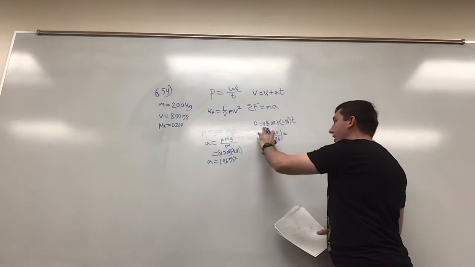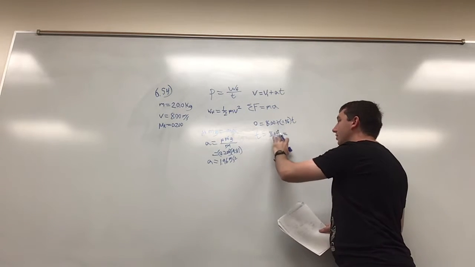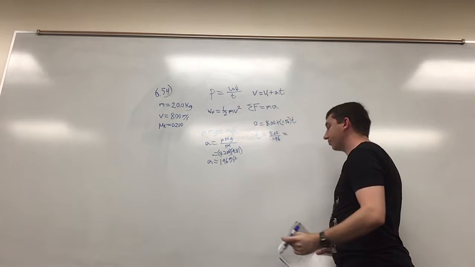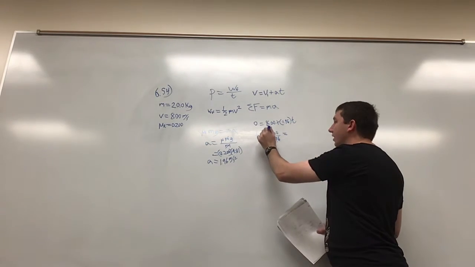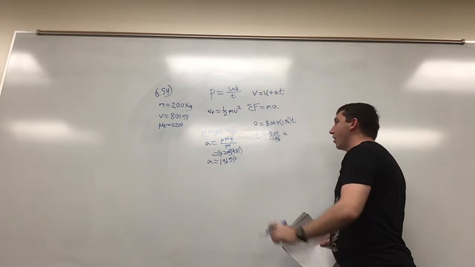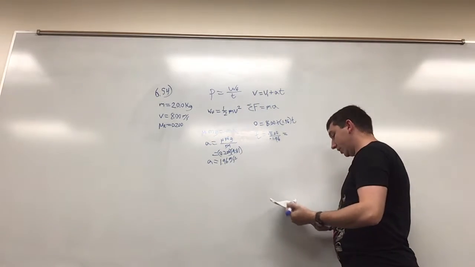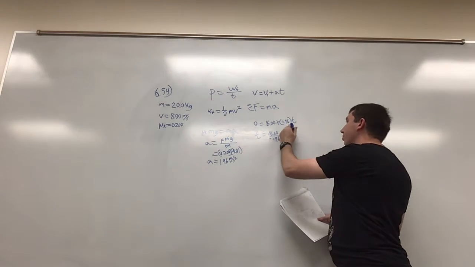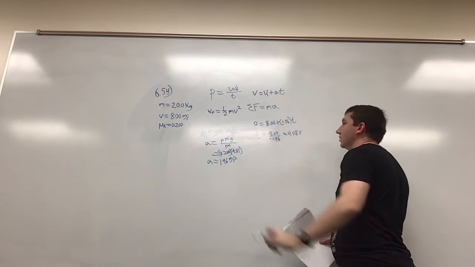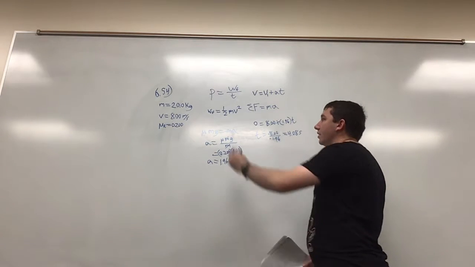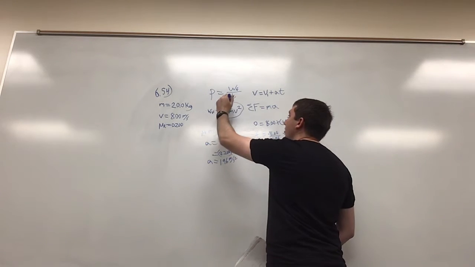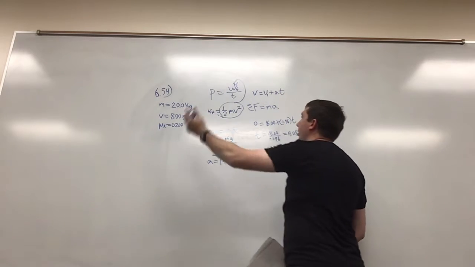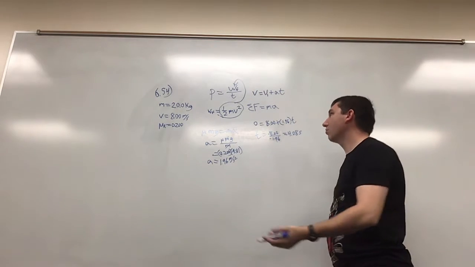And so we actually don't need those, because the negatives will cancel out. Because it would be a negative and a negative. And so you get a time of 4.08 seconds.